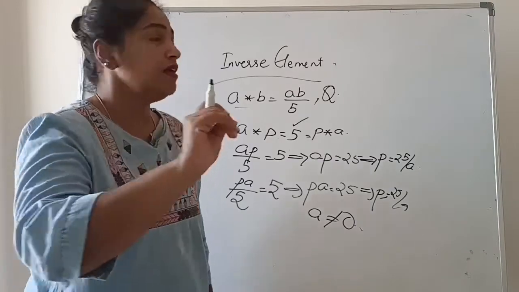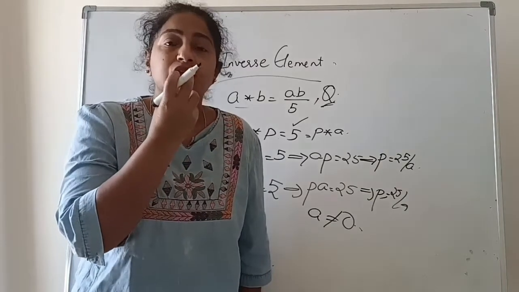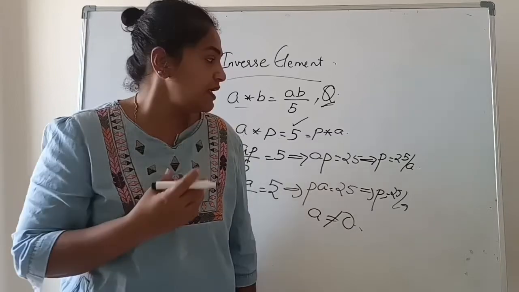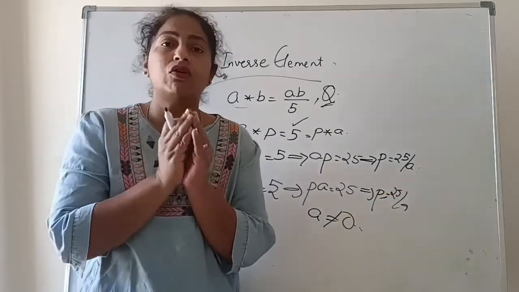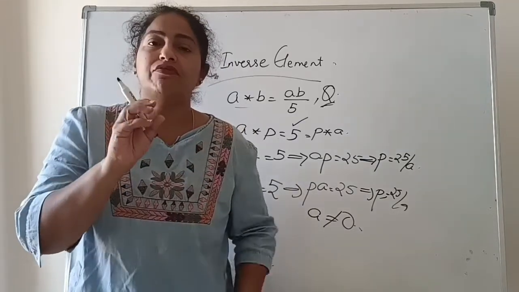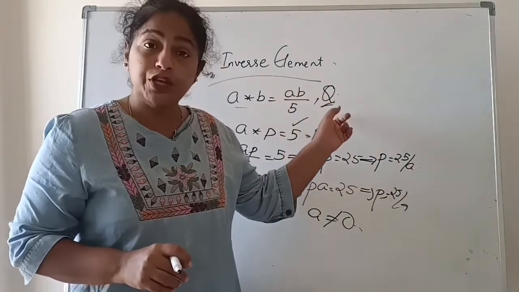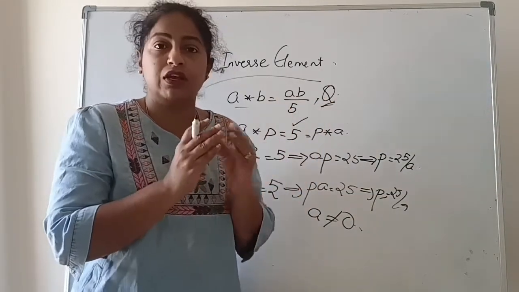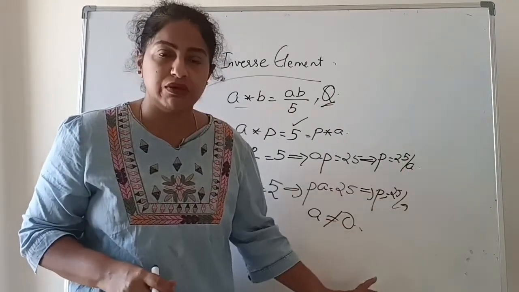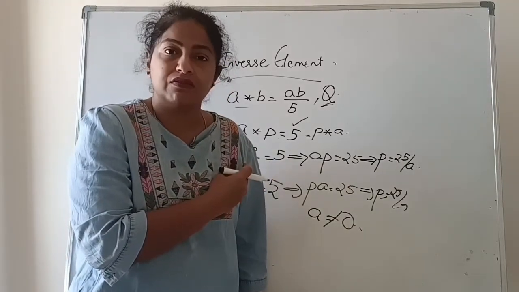Because this binary operation is defined on Q, which is the set of rational numbers, where 0 is also included. So, as long as A is not equal to 0, I can say that this is the inverse element, or in other words, every non-zero element of the set Q, every value other than 0, is invertible with the inverse element as 25 by A. But if 0 is also included, this particular inverse element does not exist.